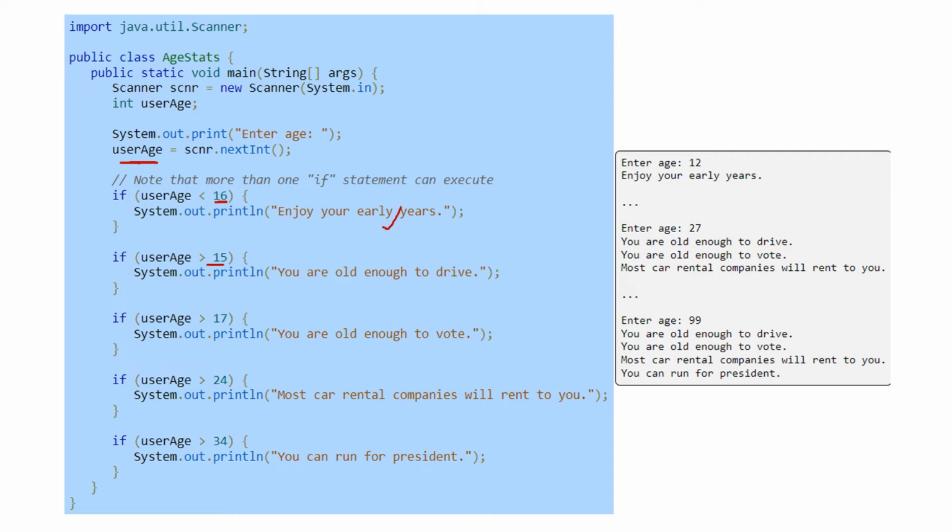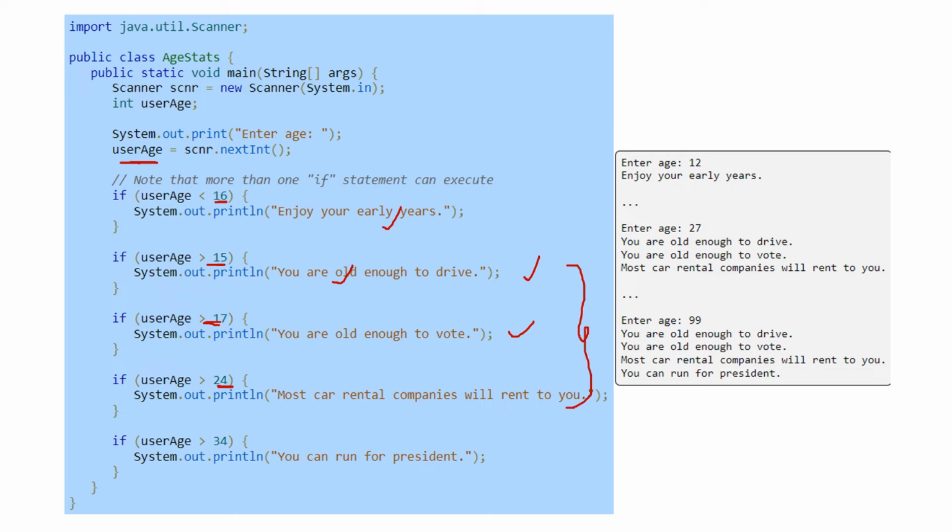If the age is greater than 15, the statement is printed. If the age is greater than 17, both this and this will be printed, because greater than 17 also counts as greater than 15. The same happens here. If the age is greater than 24, all three statements will be printed.